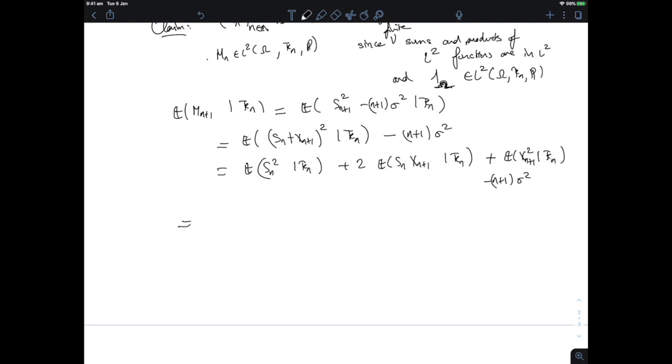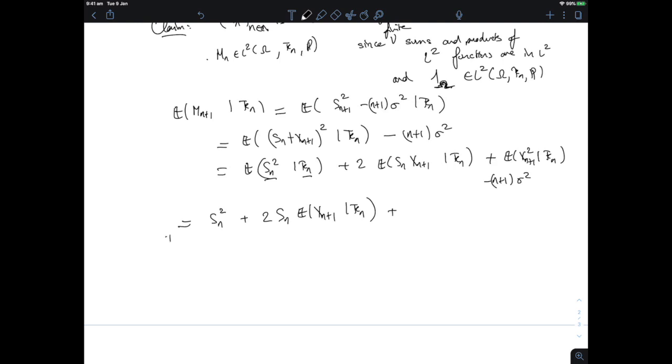Now what have I got here? Sn squared is Fn measurable, so you can take out what is known, and this first term is going to be just Sn squared, again because the conditional expectation of the indicator function of omega is just 1. In the second term, I'm going to take out what is known, and I get 2Sn times the conditional expectation of xn plus 1 given Fn. And then in the third term, I'm going to use independence.